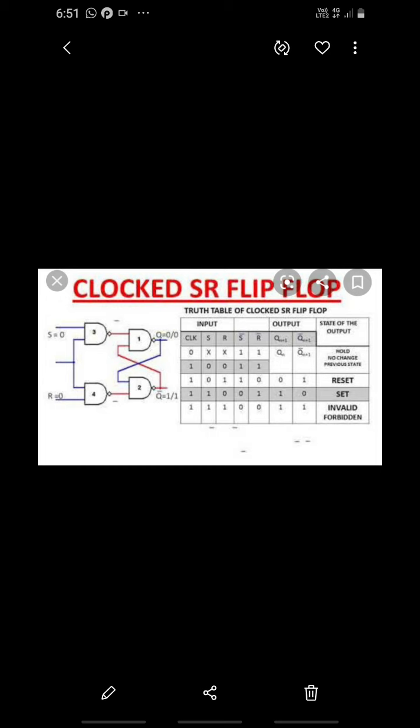Thus, the output remains in its previous state, that is Q is equal to Q naught. Case 2: when the clock is at high level, means clock signal is 1, the inputs control the outputs as follows.